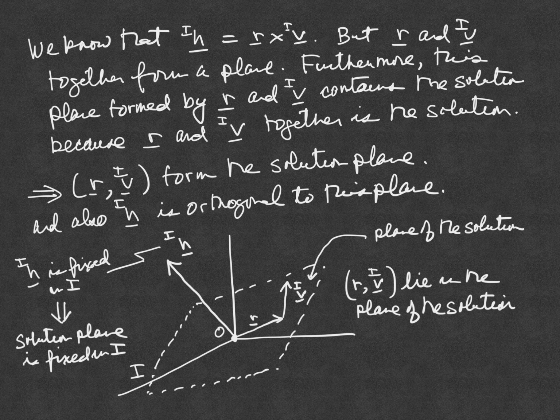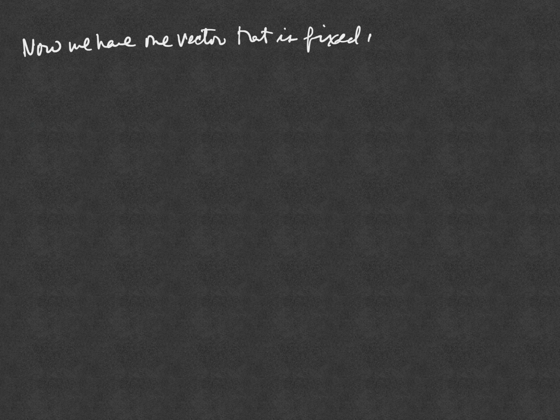So now we have one vector that is fixed in I, and that vector is the specific angular momentum.